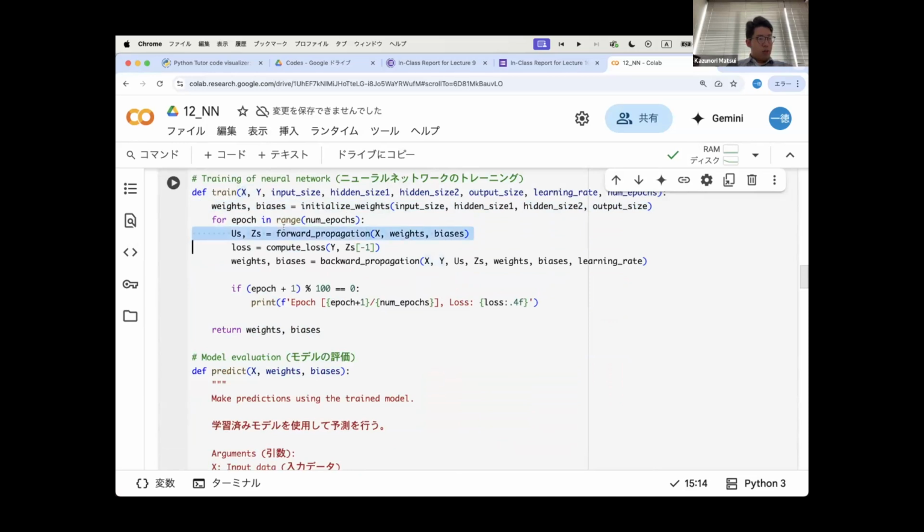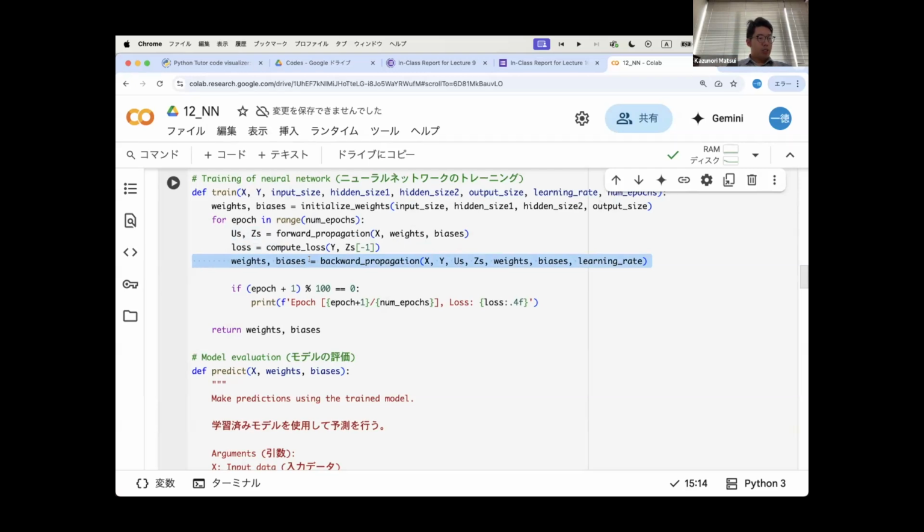The value of the loss function can actually be calculated with a separate calculation, but here we calculate the loss function to see how much the value changes. Using the internal parameters obtained from the forward propagation calculation, we update weights and biases by putting them into the back propagation function.